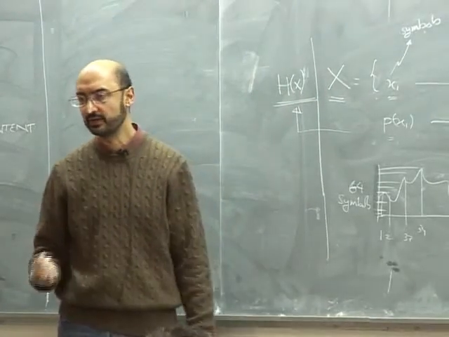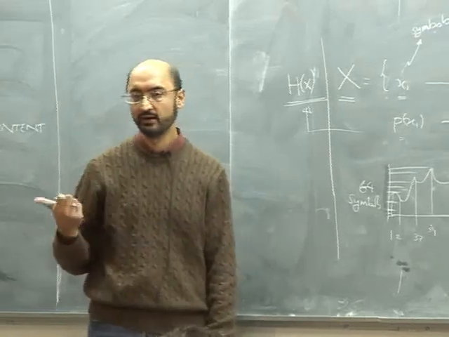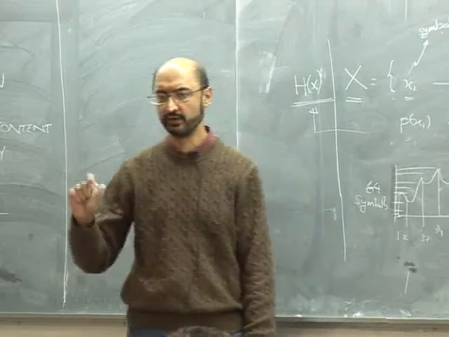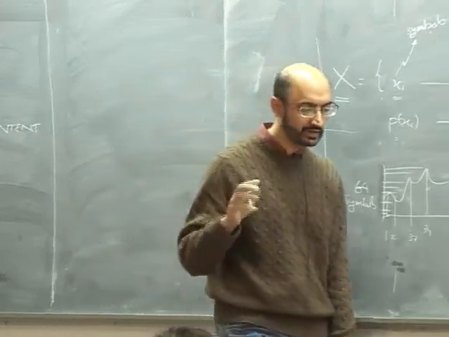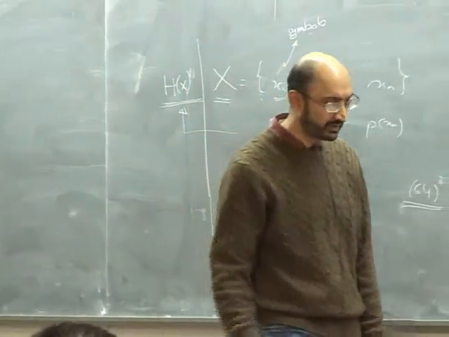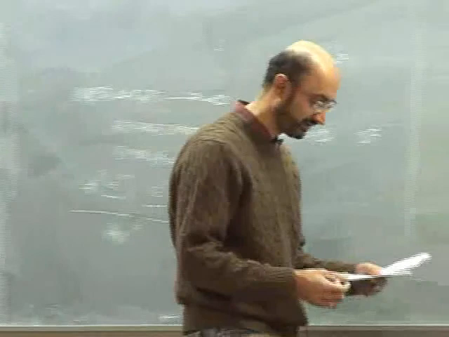In practice, this has been done for English characters, and they find that the entropy is approximately 1 bit per English alphabet character. It goes anywhere from 0.6 to 1.1 to 1.2, depending on what corpus you use. It's approximately 1 bit of information per English character.